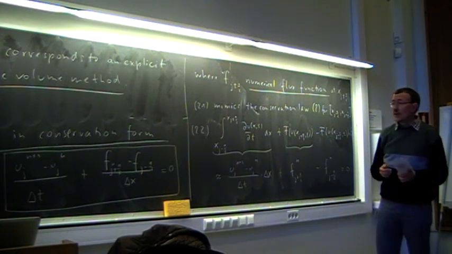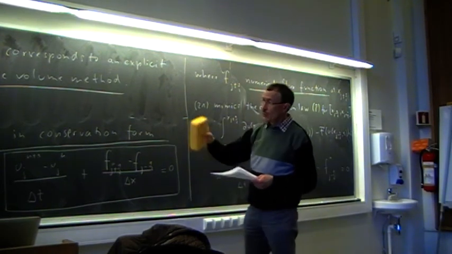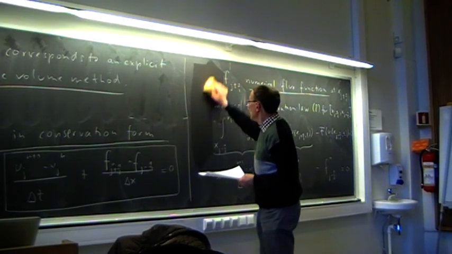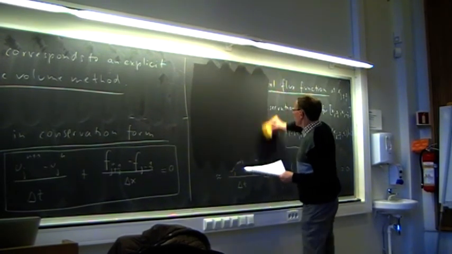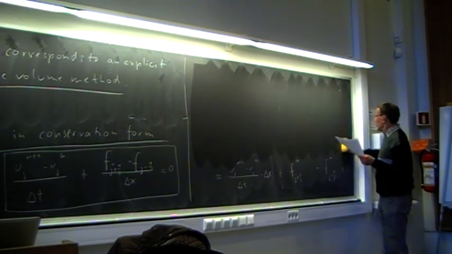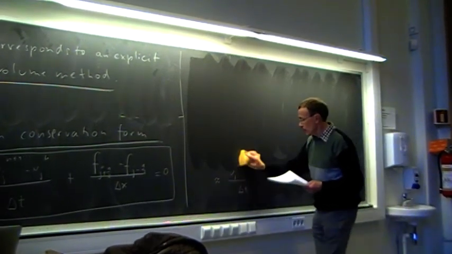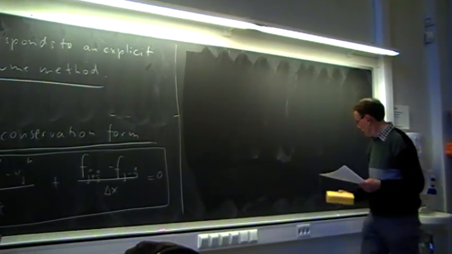But what we are discussing here is the finite difference method. In the finite difference method, we do not assume that we have cell averages, but we assume that we have values at grid points. We have node values at the grid points that we want to approximate. So that's the difference.